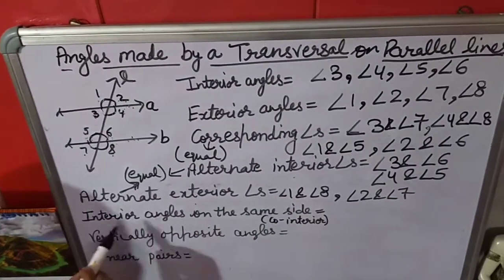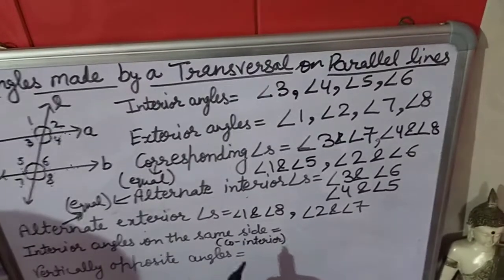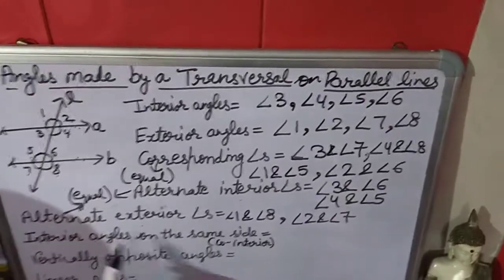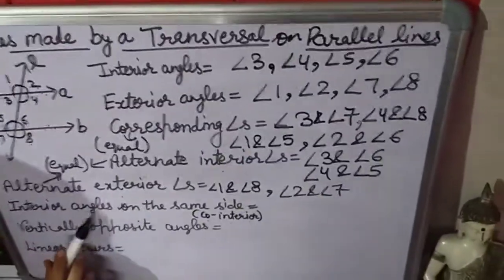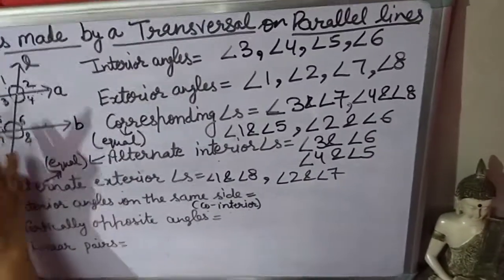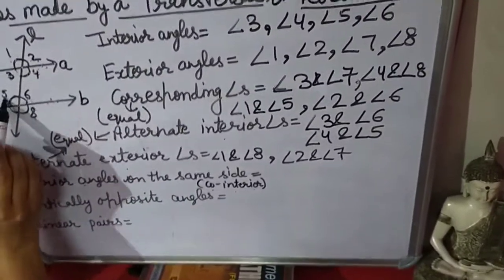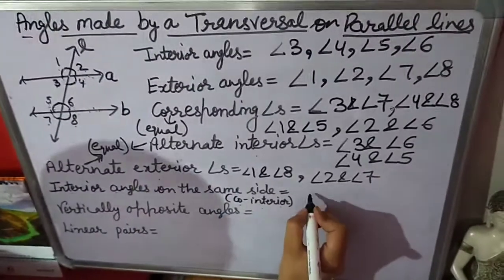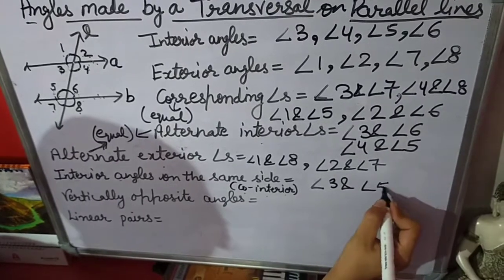Next, interior angles on the same side of the transversal line, or another name for these angles is co-interior angles. This is the transversal line. Same side means if I am taking 3 and 5, both are interior and on the same side. So these are co-interior angles.